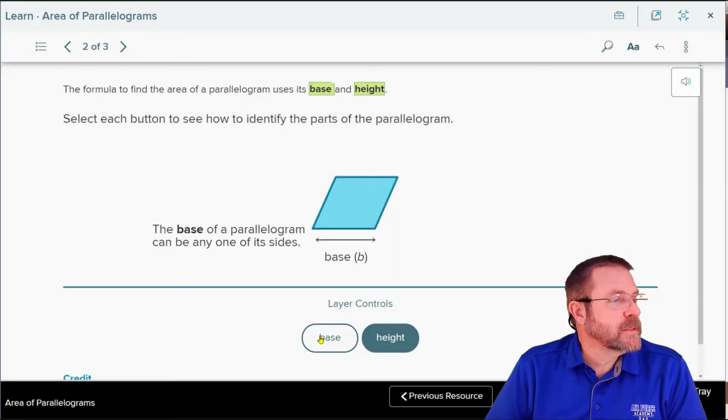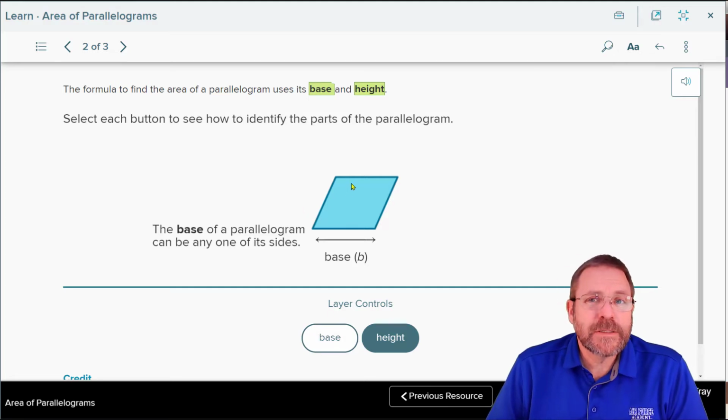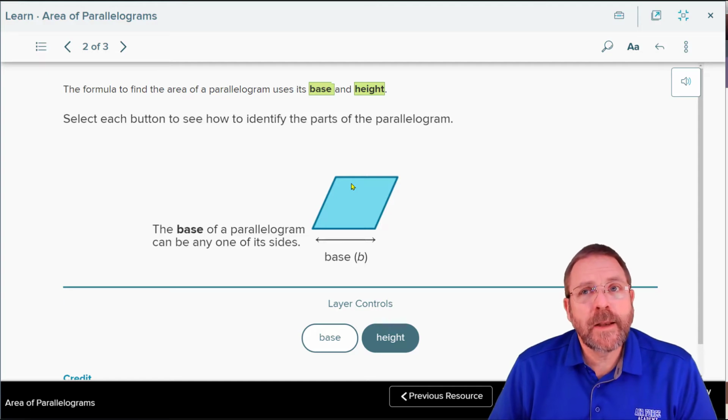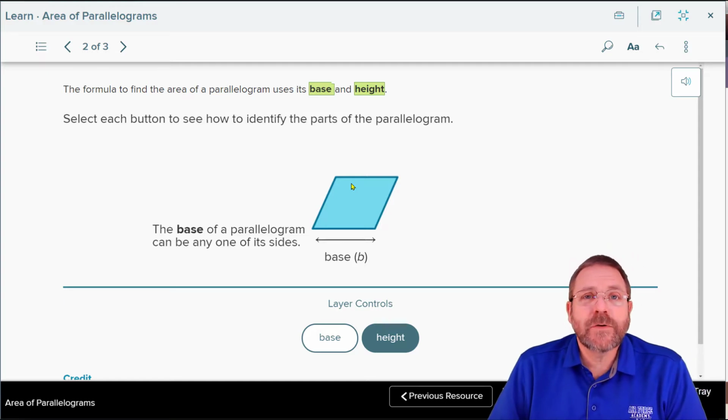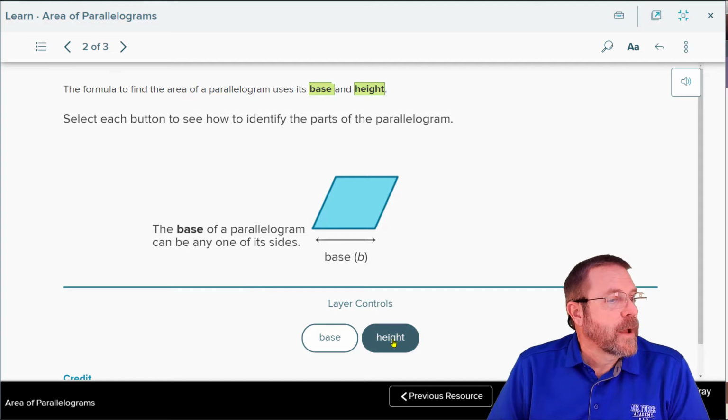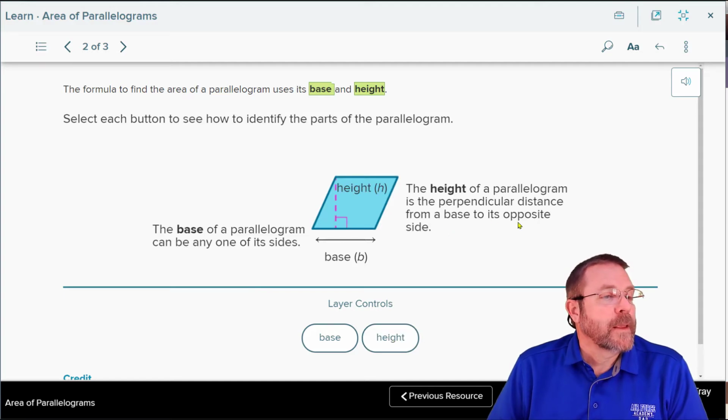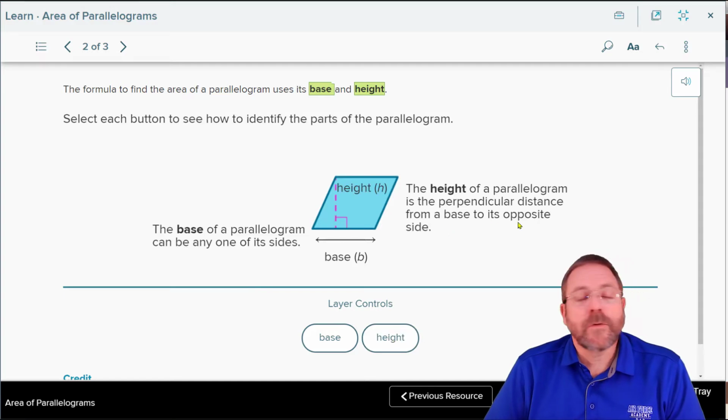The base is defined as any one of its sides. So generally speaking, the base is what it sits on, but depending on how you lay it out, technically any side could be the base. The height of the parallelogram is going to be perpendicular from the base to its opposite side.